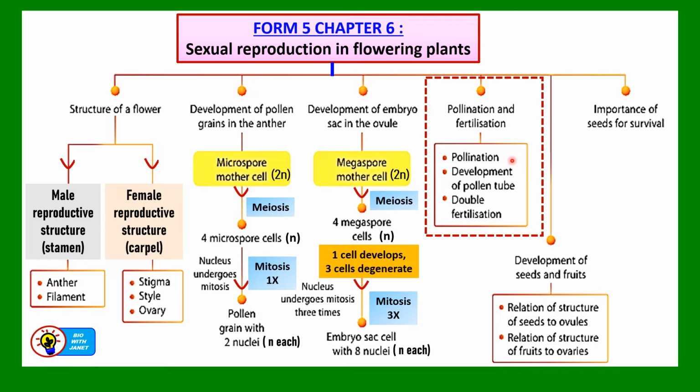That means the event called pollination, followed by the development of the pollen tube on the carpel of a plant, and then double fertilization. And finally, after this video, there will be a last video on the development of seeds and fruits and the importance of seeds for survival. So we are going to discuss pollination and fertilization in this third video.